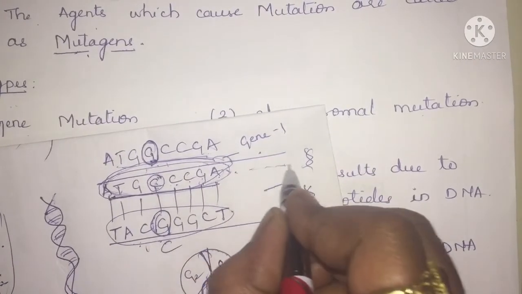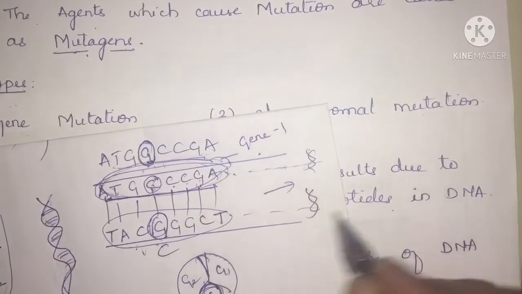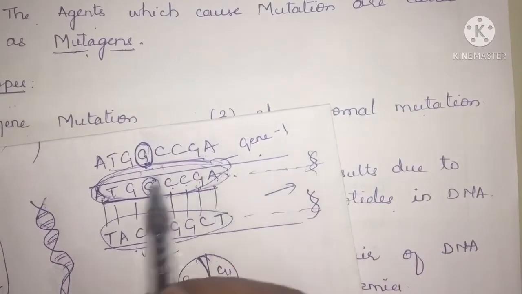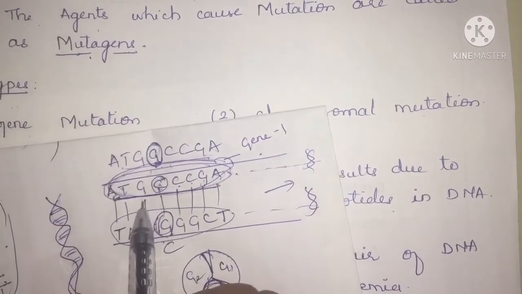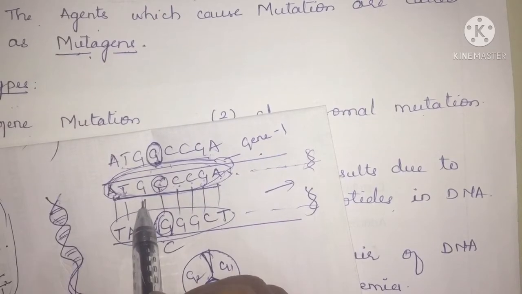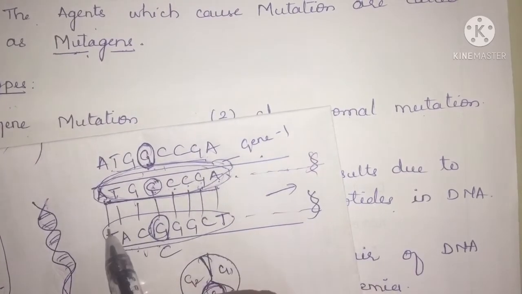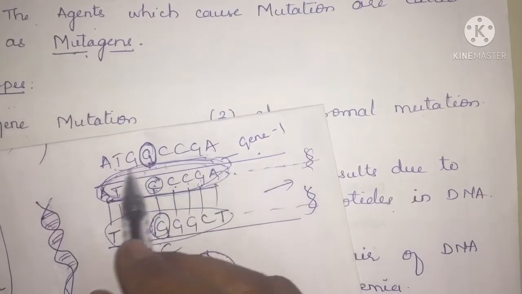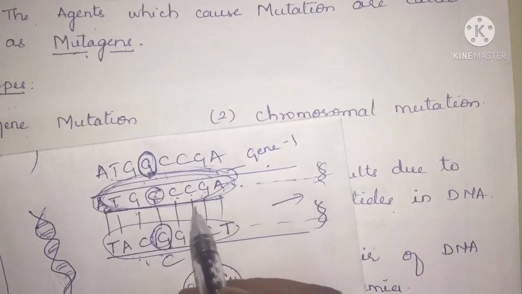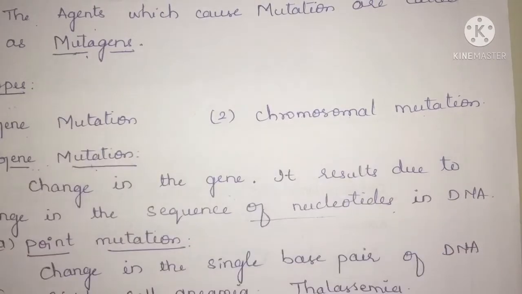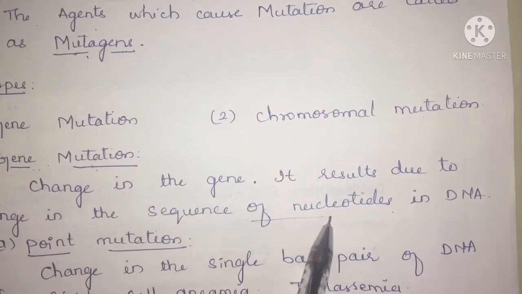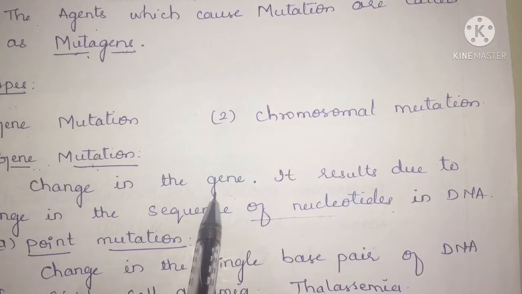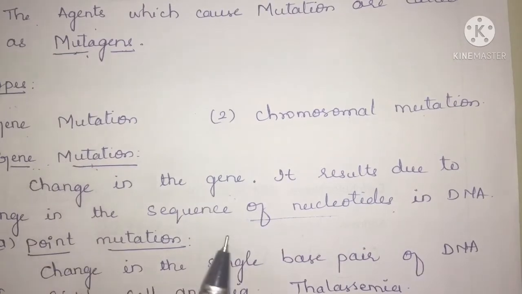One gene can have only two nucleotides, or it can have many, even millions of nucleotides together forming one gene. But I have shown this as one gene to make it easy. So a change in the gene results from a change in the sequence of nucleotides. If the nucleotide sequence in DNA has been changed, the gene will definitely change, so we call it gene mutation.